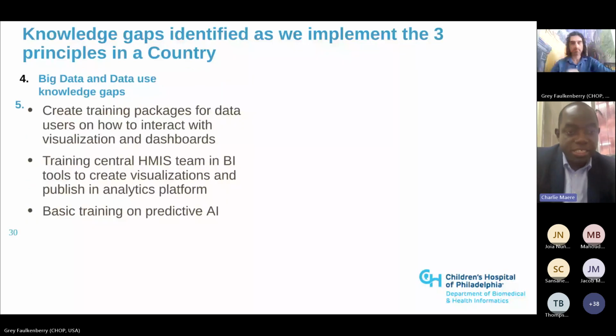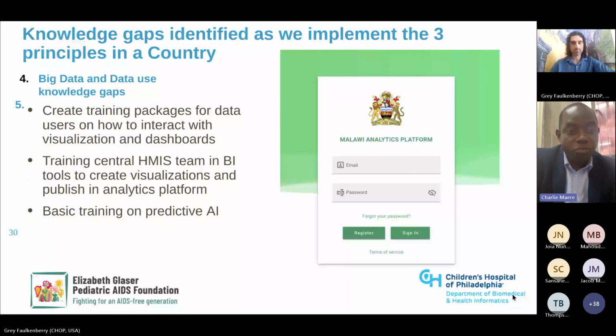The second from the last is the gap of understanding big data and data use. This is where we provide packages, because within the data lake we have artifacts which produce analytics.